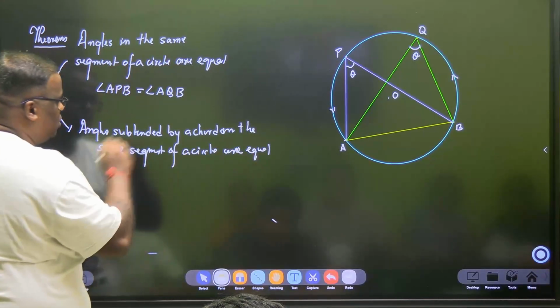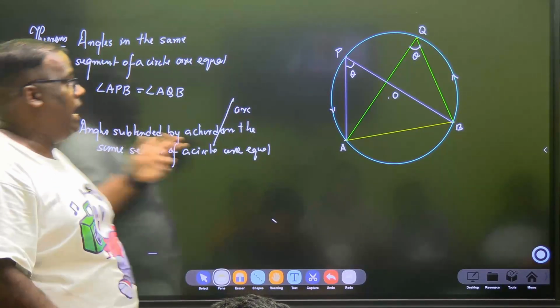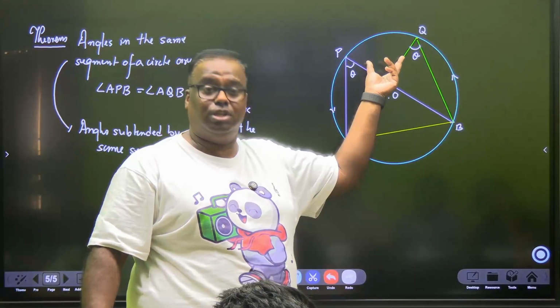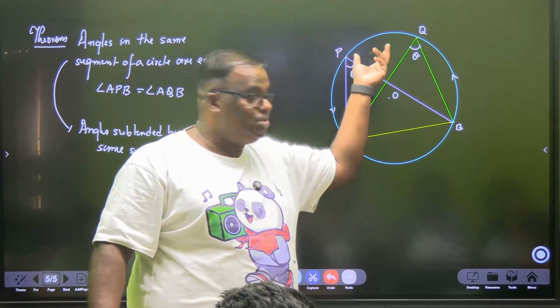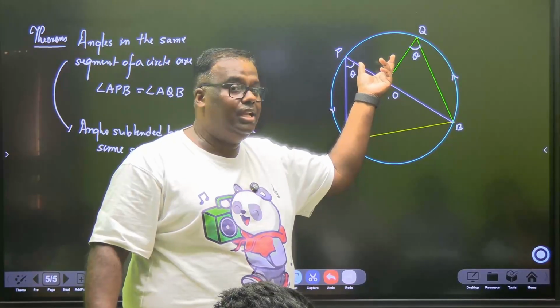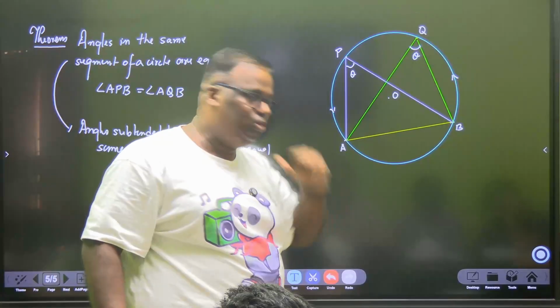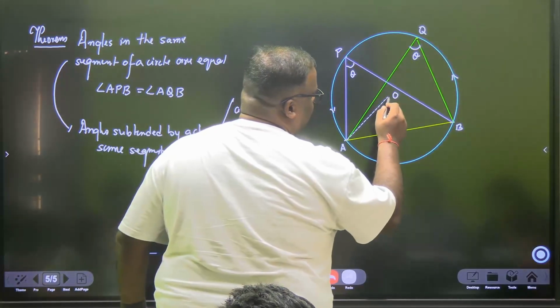I can also replace the word chord by an arc. Angles subtended by an arc on the same segment of a circle are equal. Angles subtended by a chord on the same segment are equal, and angles on the same segment are also equal. How did you prove it? Well, now I will do that. The proof was very easy.